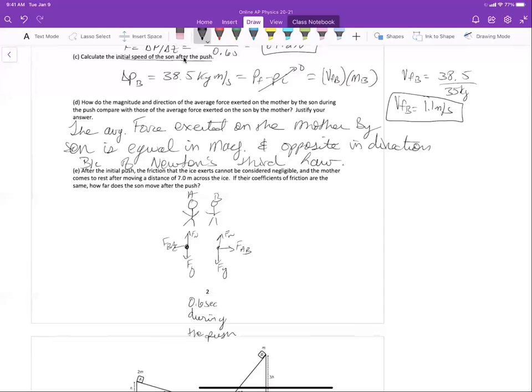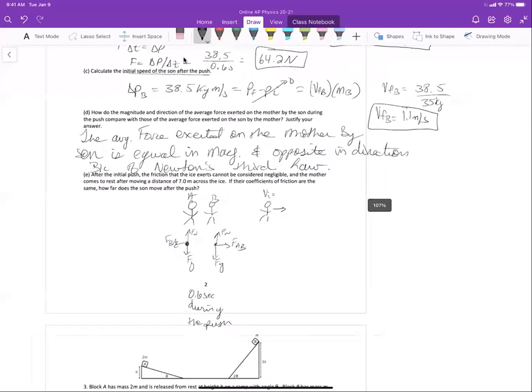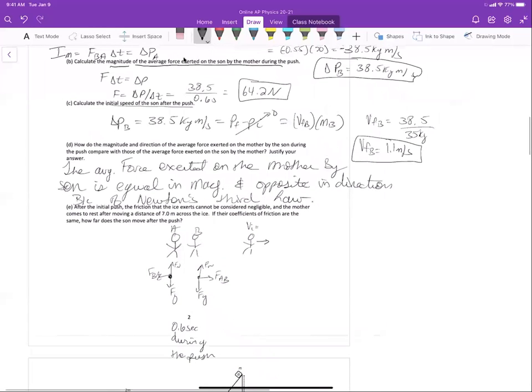Okay. Now, after the push, the son is sliding this way, okay, and has some initial velocity. And what was his initial velocity? Well, you found it to be 1.1 meters per second. So that was immediately after the push, immediately after this explosion, because this is just the opposite of a perfectly inelastic collision.